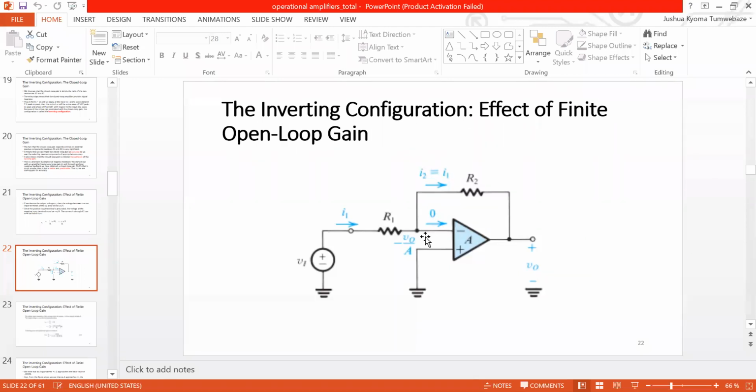If our open loop gain is finite, we can no longer make the assumption that there is a virtual short circuit between the two terminals. Instead, we now need to derive or find an expression for the voltage at the inverting input terminal.